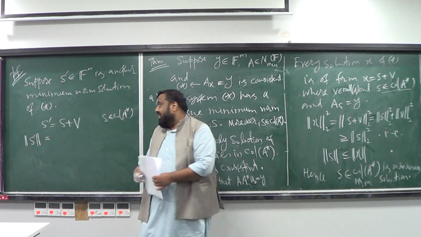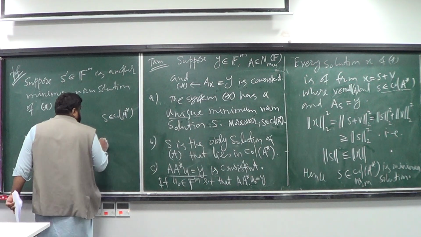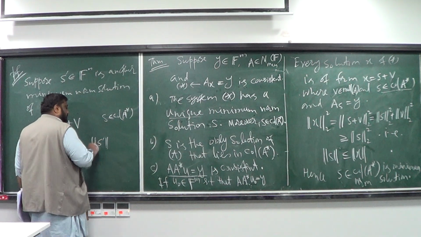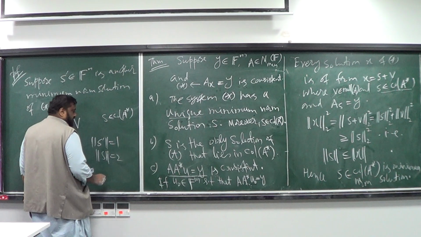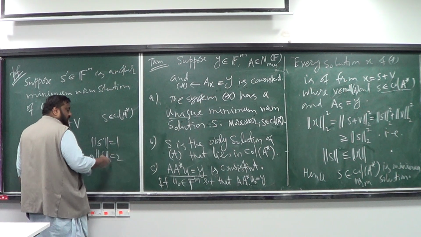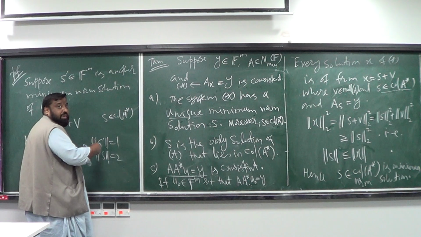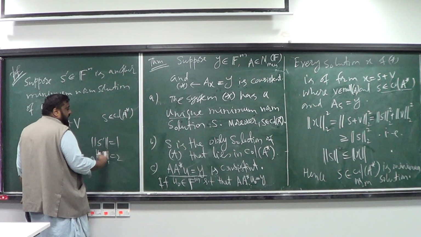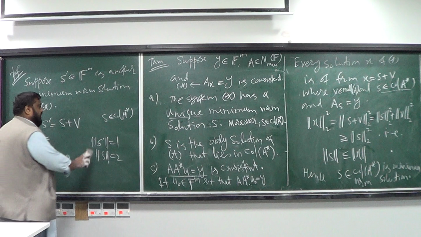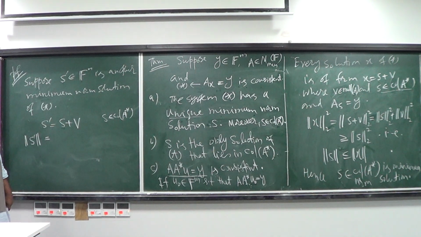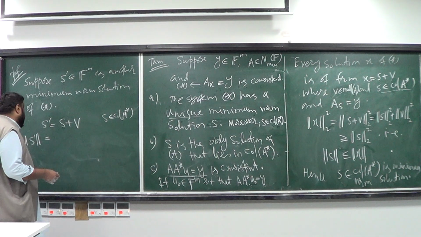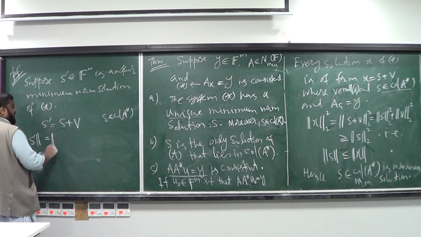You can't have that s prime has norm 1 and s has norm 2, because then s would not be minimum norm. But if I'm saying that there are two vectors which are different from each other and they are both minimum norm solutions, then their magnitudes must be equal actually.